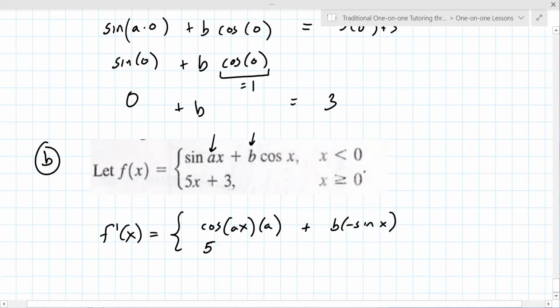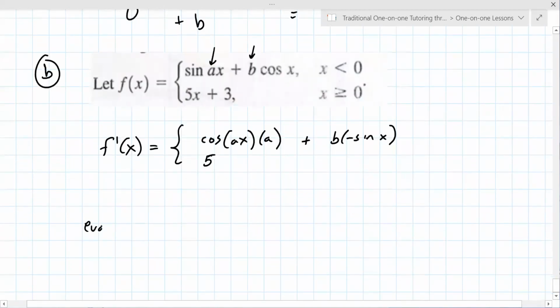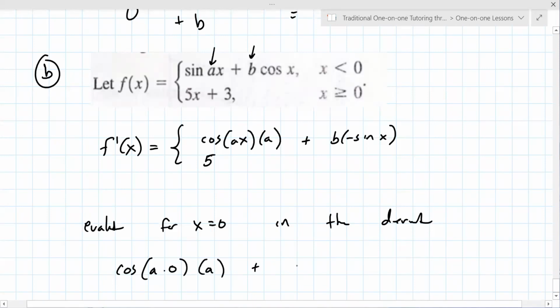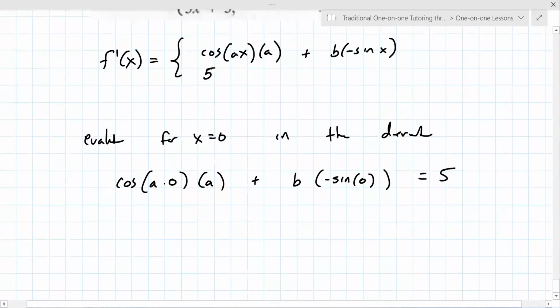So then you evaluate for x equals 0 in the derivative. Oh, so you plug in. So it'd be cosine a times 0 times 0, plus b times negative sine of 0.